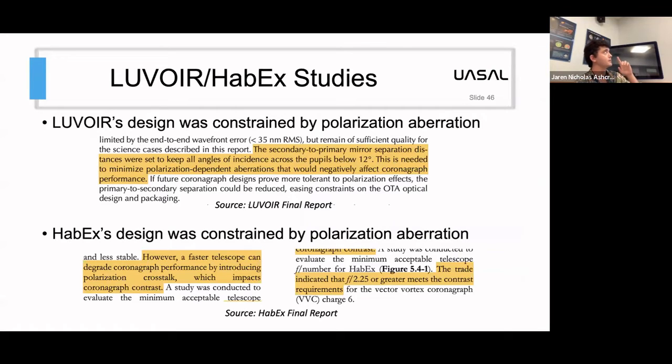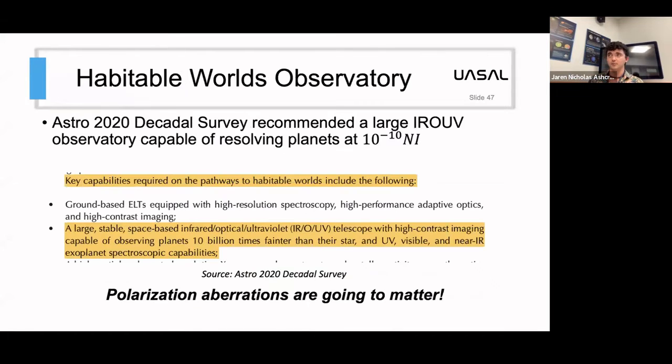So LUVOIR's optical design had a constraint on the primary to secondary mirror separation to ensure that there wasn't a maximum angle of incidence greater than 12 degrees to minimize the polarization dependent aberrations that would negatively affect coronagraph performance. HABEX approached it slightly differently, or kind of parameterized differently, by constraining the focal ratio of the primary mirror. This is how fast the mirror comes to a focus, to be f2.25 or greater. So we know that these are going to be limiters for next generation missions.